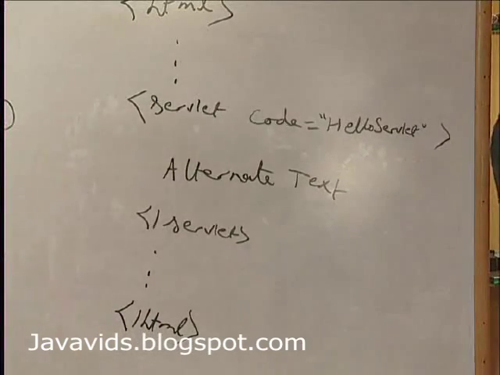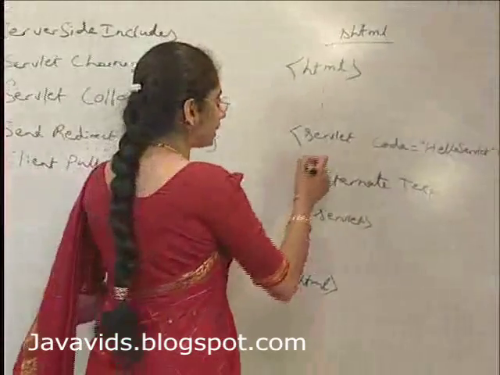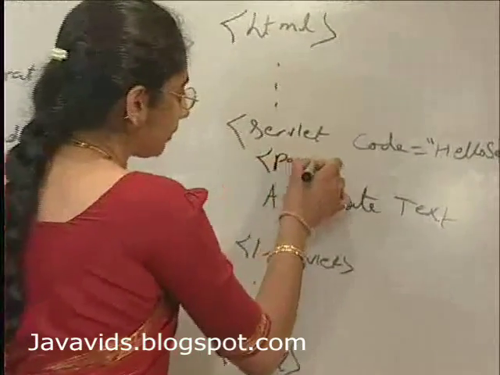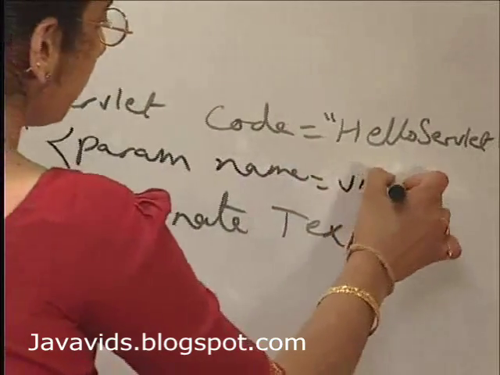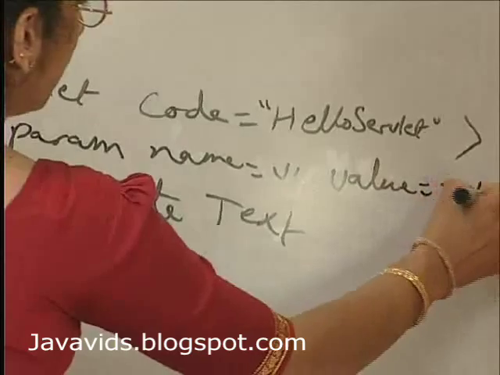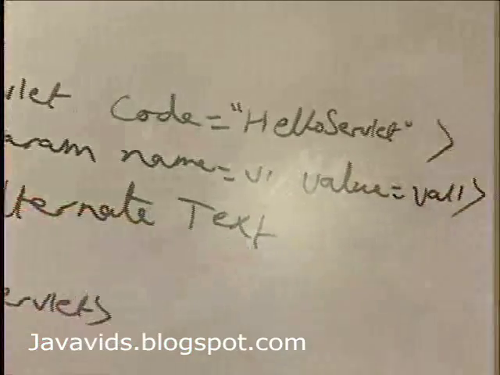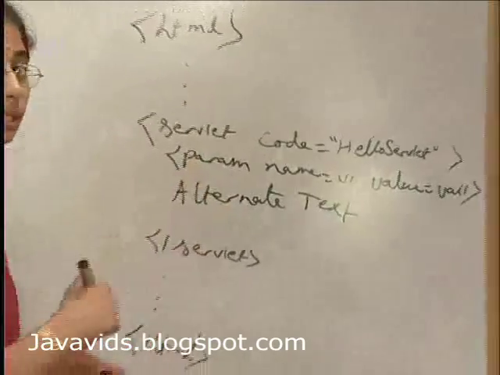If you want to pass request parameters to this servlet, then you would pass them using the param tag inside a servlet. Param name is equal to v1, value is equal to val1. So depending on how many parameters you want to pass, that many param tags can exist.